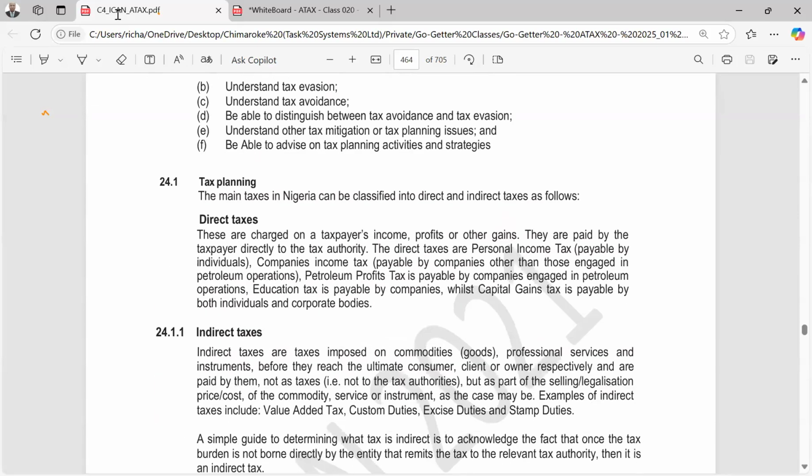What is tax planning? First of all, what is planning? Planning is thinking ahead of time, thinking through your activities before you execute them. For example, you are planning to write the ICAN exam. What are those activities that show you are planning to write the exam?